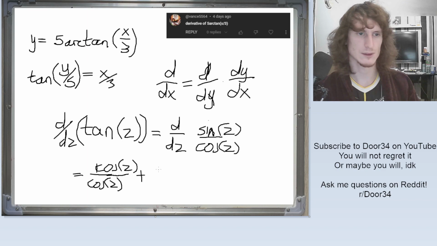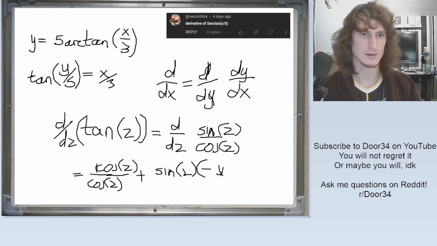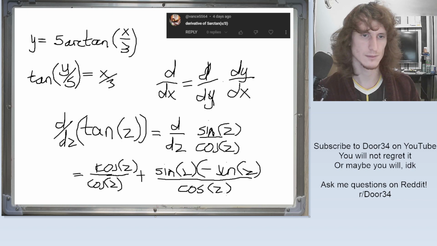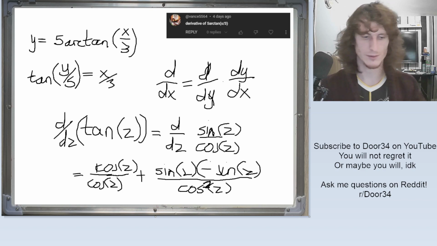So we're going to add on sine of z, which remains unchanged, and then just by chain rule, it's going to be times negative sine of z over cos of z squared. My pen's really not cooperating with me today, so you'll have to excuse this being a bit messy.